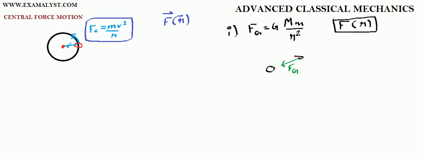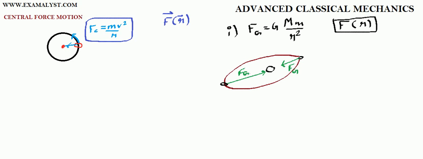In this case, the closed path will be an ellipse. And wherever the object is, consider the earth is somewhere around here, still the force of gravity will act towards the sun. So the force of gravity acts like the centripetal force.